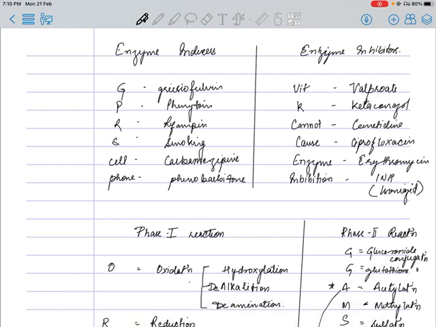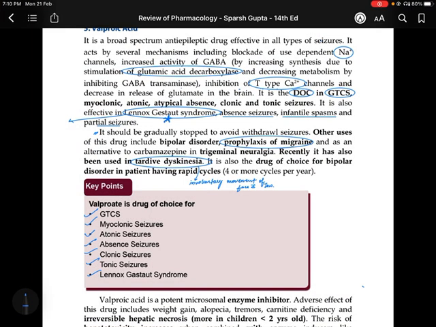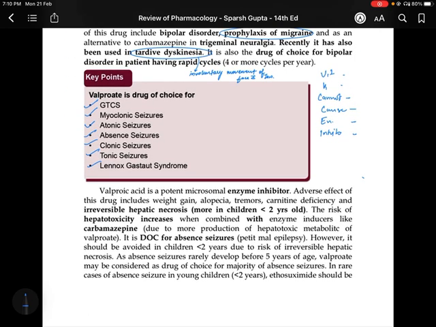So valproate was there, ketoconazole was there, cimetidine was there, ciprofloxacin, erythromycin, and I for INH, isoniazid, right?